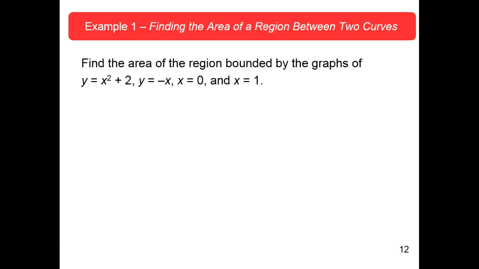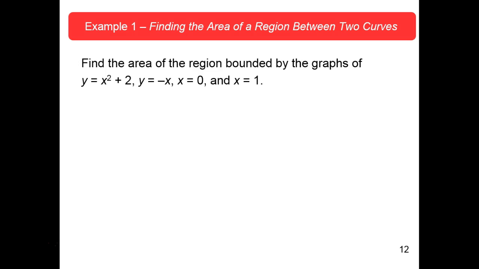So here's example 1 for 7.1. Find the area of the region bounded by the graphs of y equals x squared plus 2 and y equals negative x, x equals 0 and x equals 1. Generally, it's not a bad idea to draw the graph.